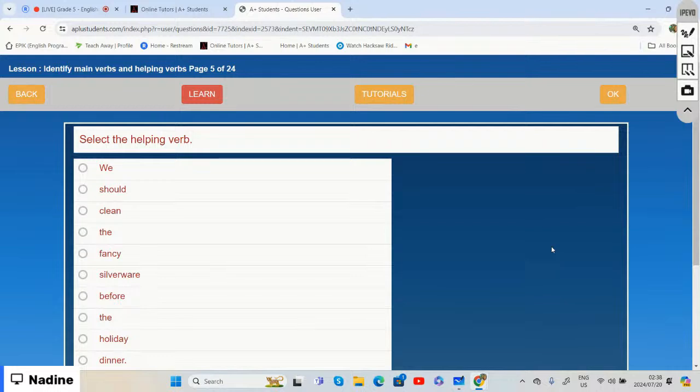So the comes before fancy and before holiday, right? And fancy, okay, fancy can either be a verb, also it's like to feel a desire or liking for something, right? Or it can be a noun.